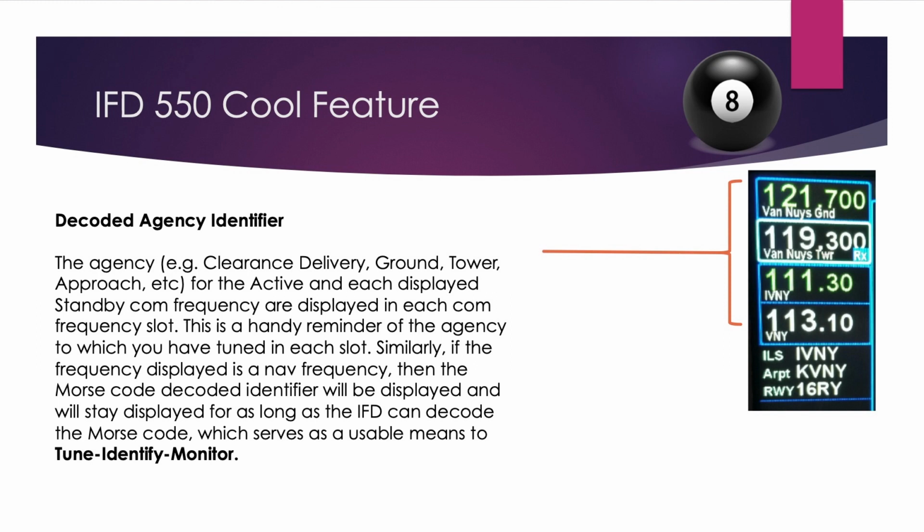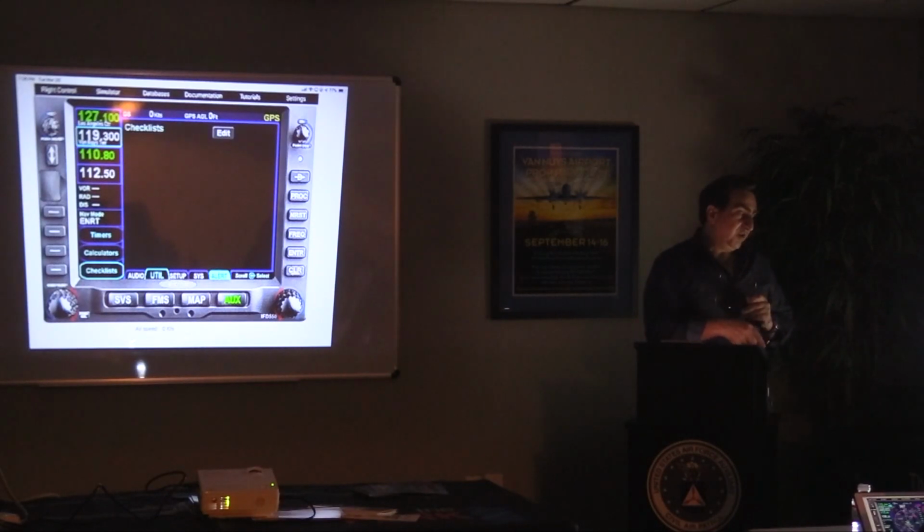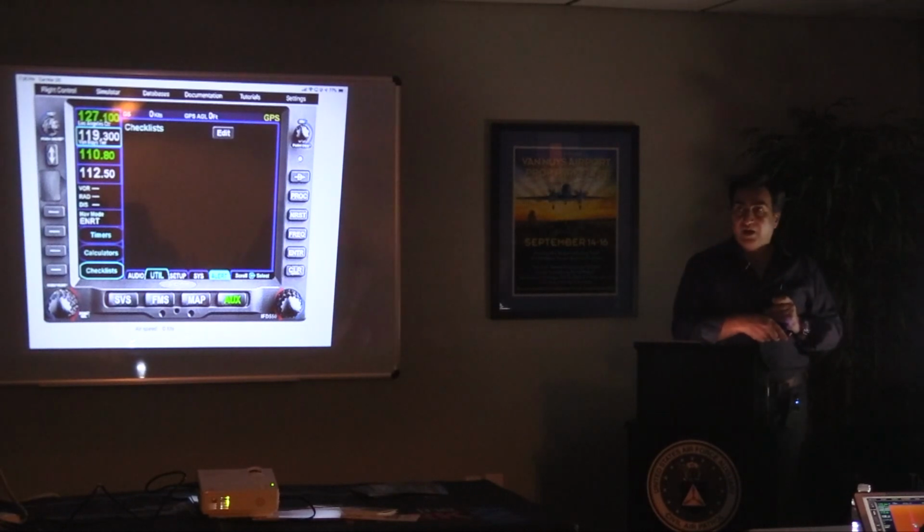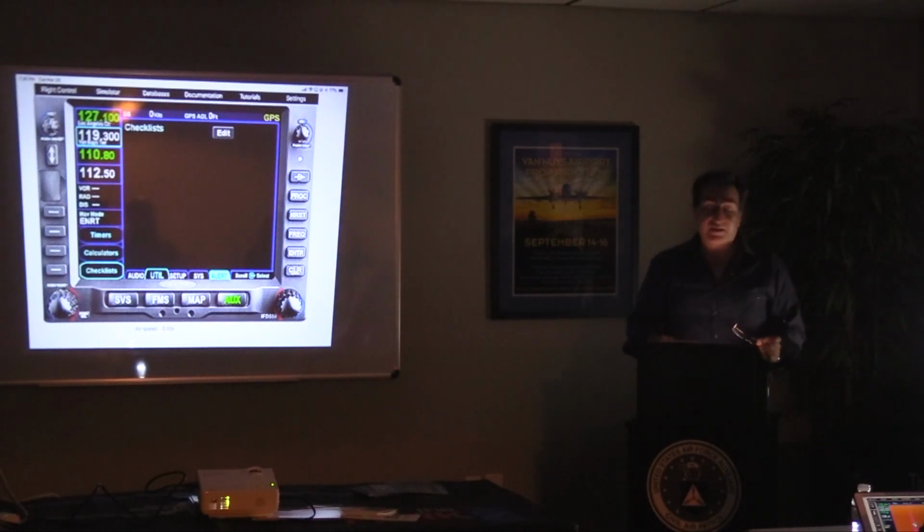Now, if you were hooked up to the VORs, you can actually see the VNY underneath the 113.10. That's the Van Nuys VOR. And then you can see the IVNY, which is the I for ILS. Now, the only way these identifiers are going to show is the IFD 550. It listens to the Morse code, and it will decode it for you.